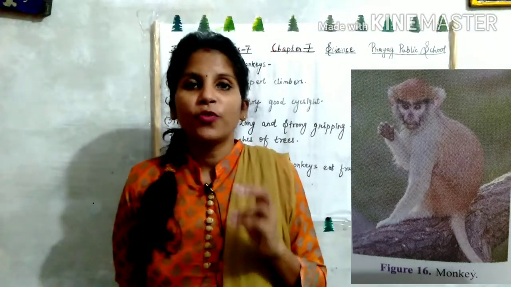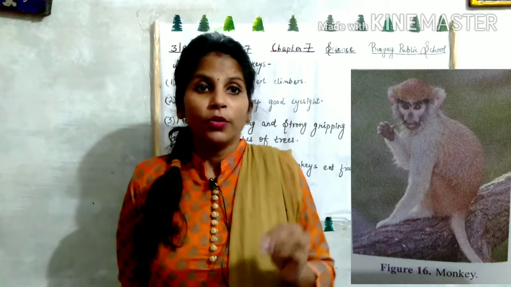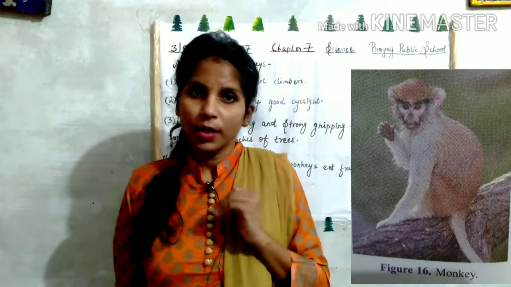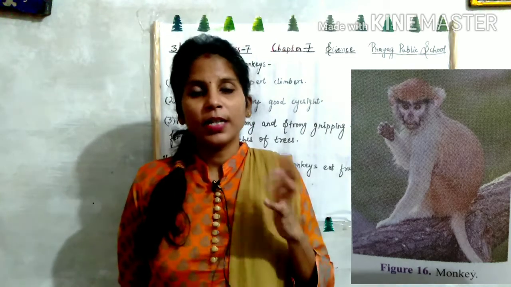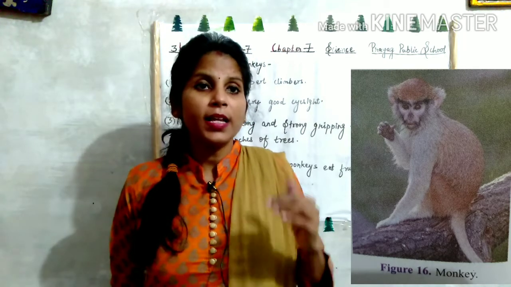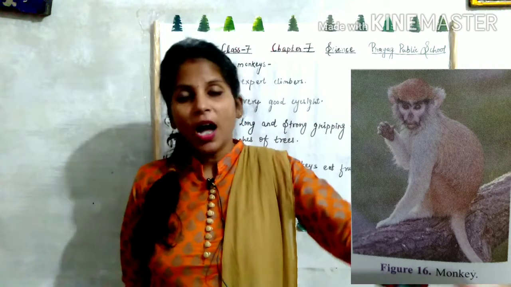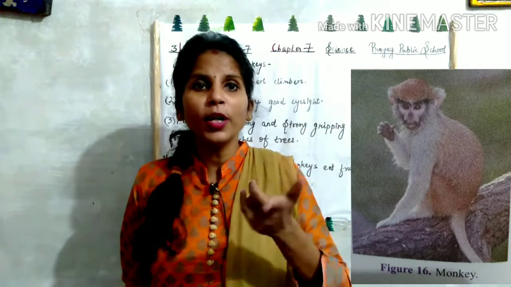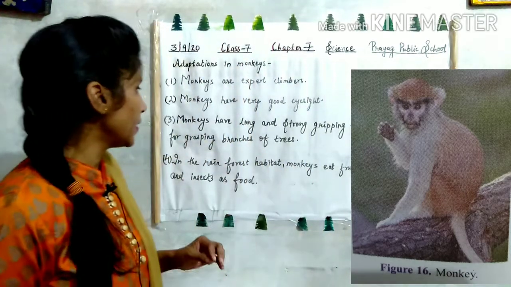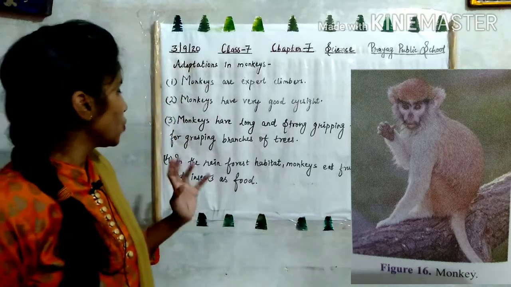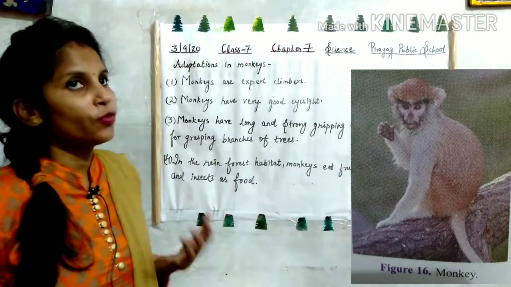The eyesight or vision of monkey is very good, through which it can see its predators and keep itself safe, as well as it can leap from one branch to another branch with the help of good vision.